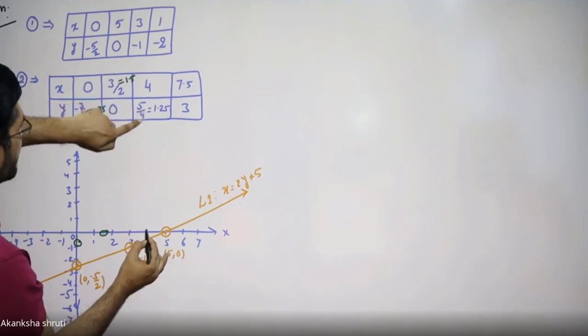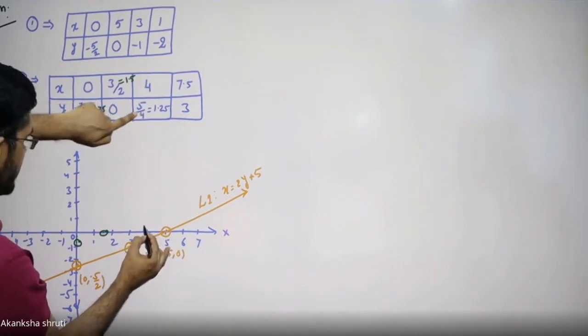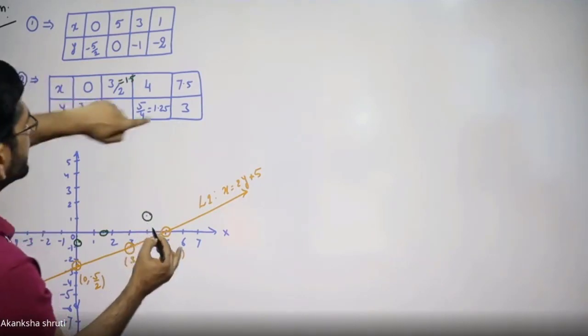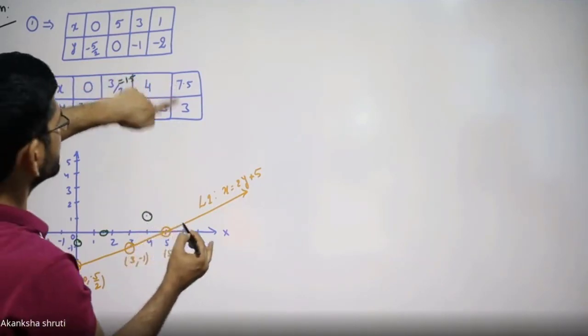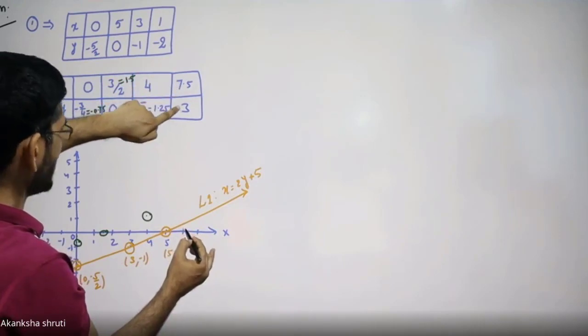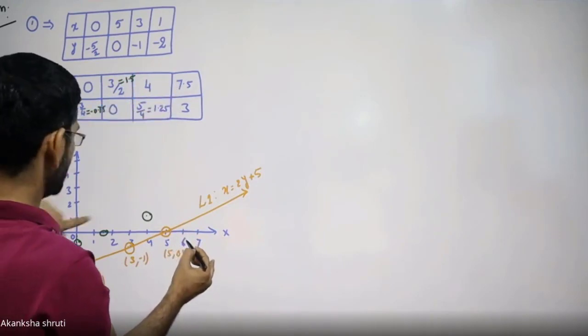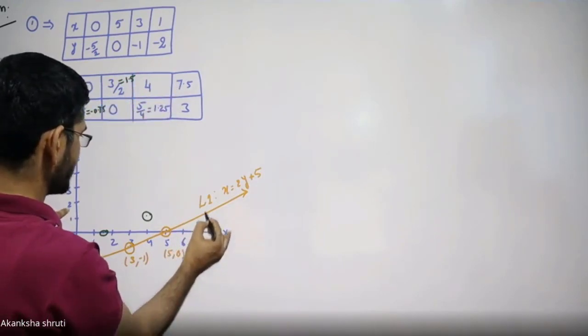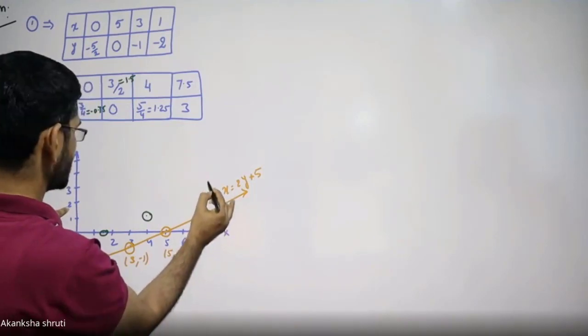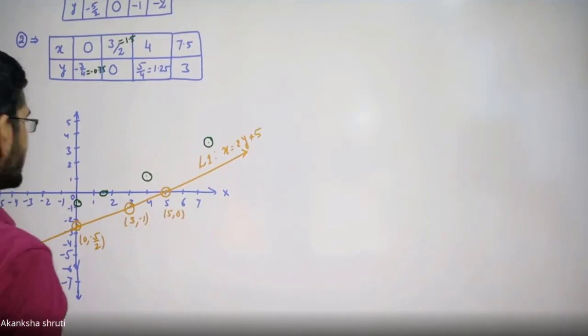The third one, x is 4, y is 5/4, means 1.25. While x is 7.5, y is 3. x is 7.5 somewhere here, y value is coming as 3. What are we observing, students? Are you getting these points?